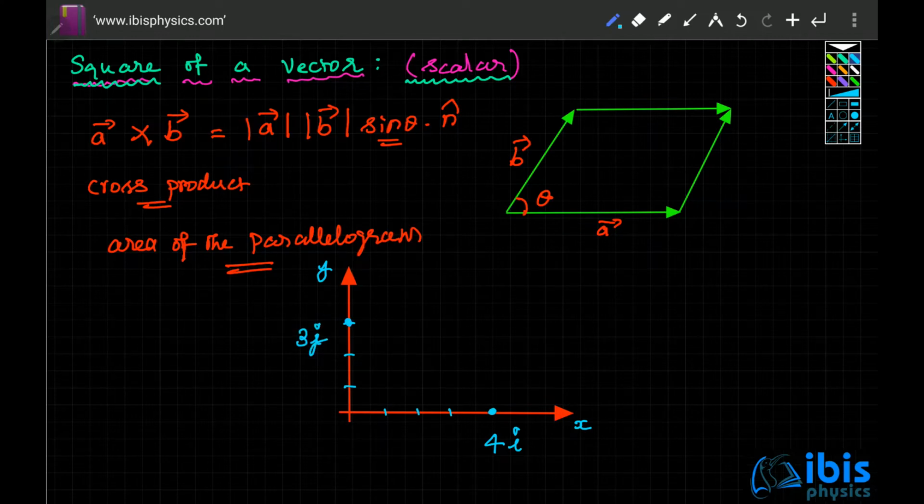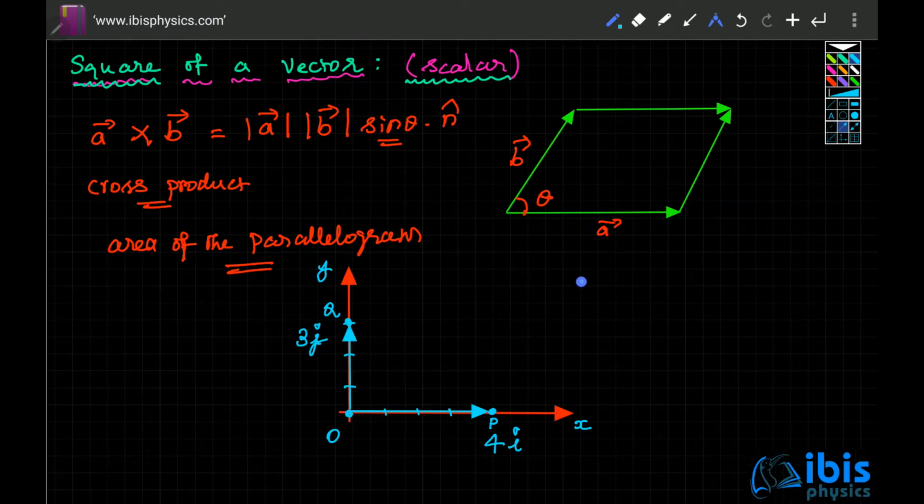Now if you consider these two vectors, let us draw the vectors. Let us call this point P, this point Q and this O. The OP vector is this and the OQ vector is this.